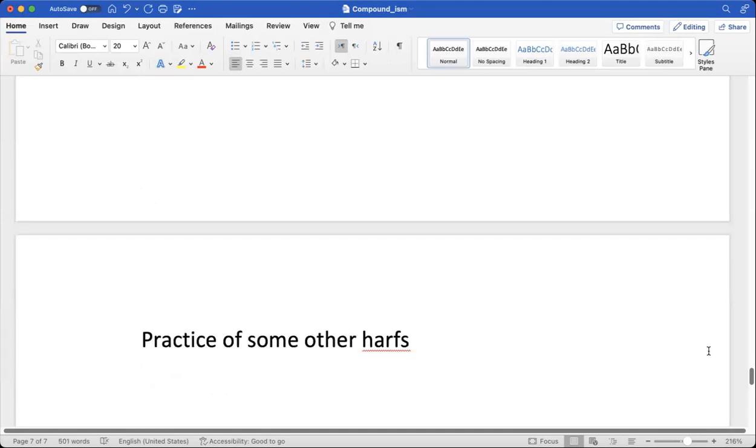For example, if you see this ayah of the Quran, Inna Allah wa malaikatahu yusalluna ala nabi. So this is harf ataf wa.